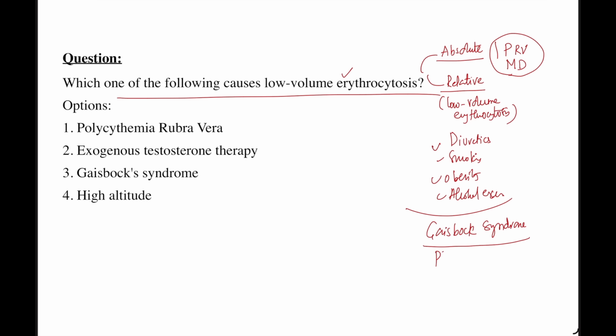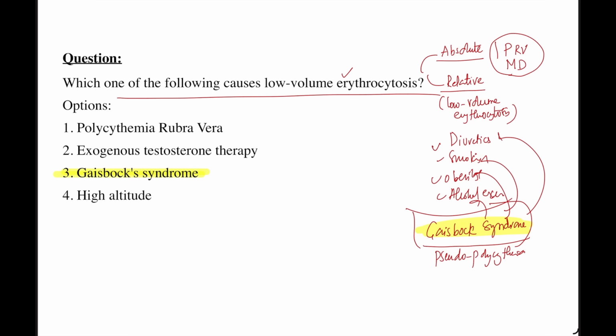We can also call this pseudopolycythemia. It is not increased red cell mass, but you will still see elevated RBC count in these conditions. It is maybe because of excess diuretic usage, excess smoking, obesity, or alcohol excess. So this condition is relative or low volume erythrocytosis, and they have asked it multiple times.